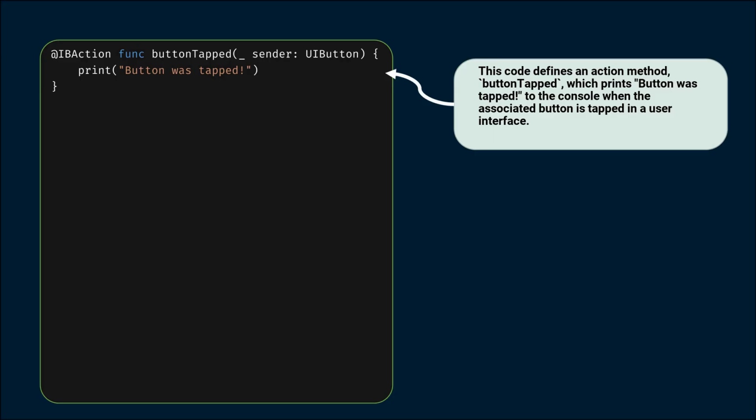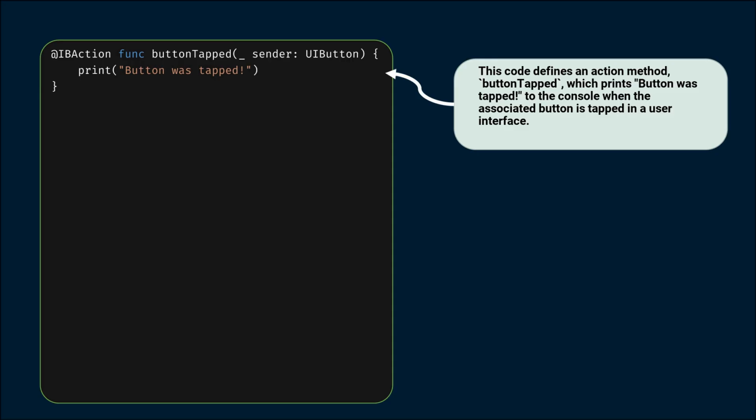This parameter refers to the button that triggered the action, allowing you to access its properties if needed. Inside the function, we have a simple statement that prints a message to the console: "Button was tapped." This serves as a confirmation that the button press was successfully registered. Using print statements during development is an excellent way to track the flow of your app and debug issues effectively.